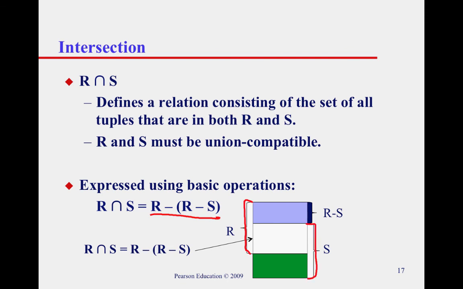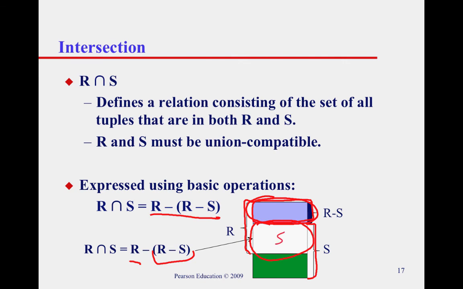Here's S. If I subtract S from R, I end up with this set right here, which is the set of tuples that are in R but not S. So if I subtract this thing from R, I must get this, right?